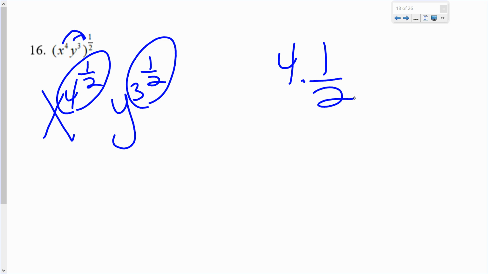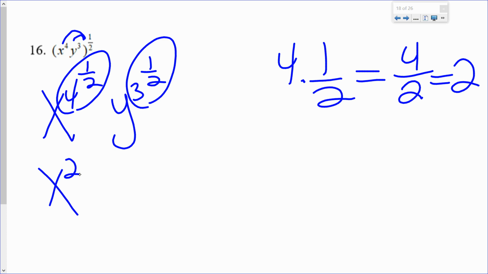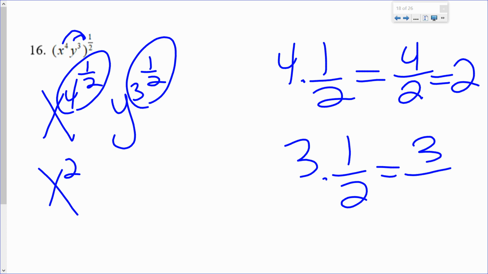You can use the calculator. However, this is really simple, and I really want you to be able to do this without the calculator. To do 4 times 1/2, you're doing 4 times 1 divided by 2. 4 over 2 is 2. To do 3 times 1/2, you're doing 3 times 1, which is 3, over 2.